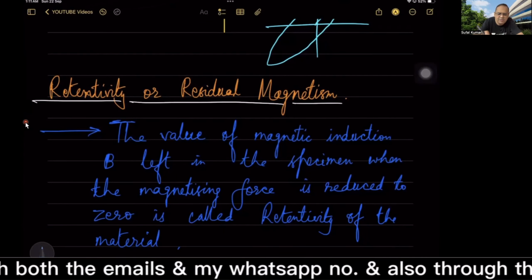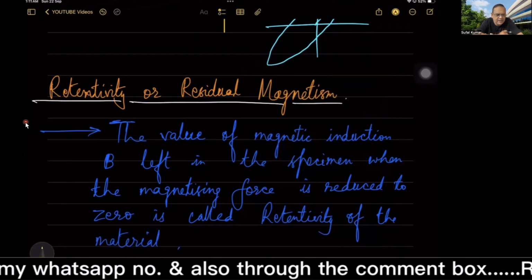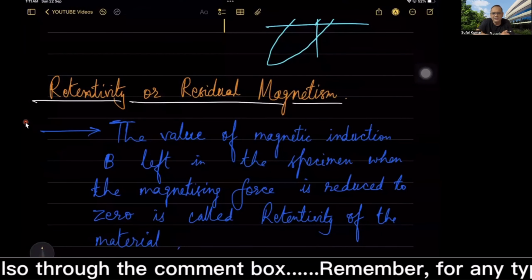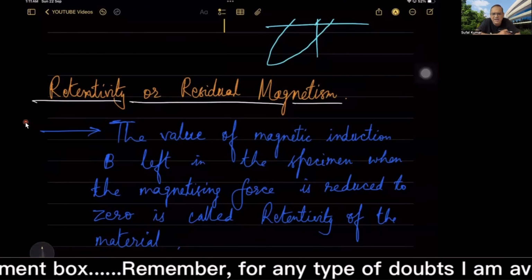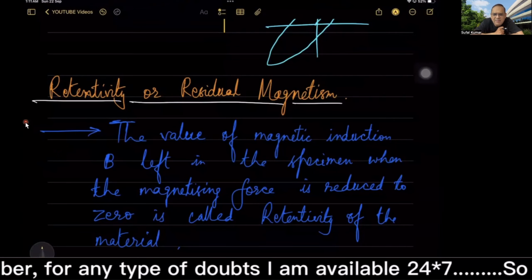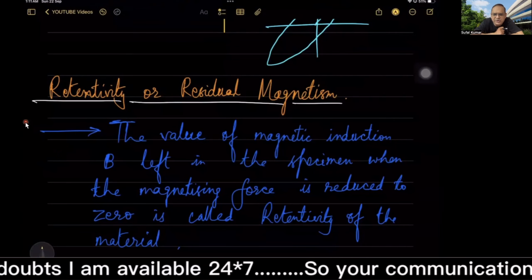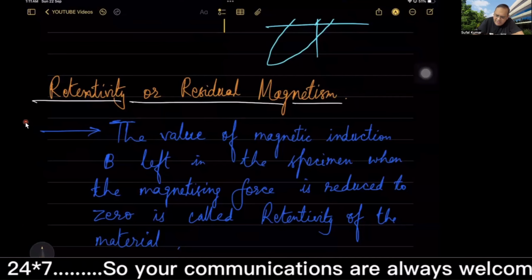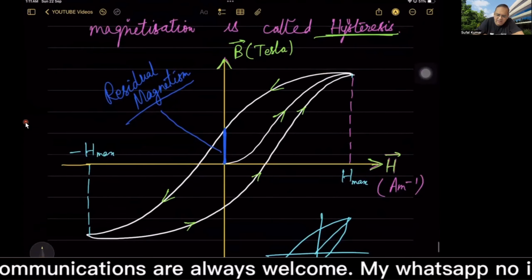Now I am going to explain in the graph. Let's see what our language says. The value of magnetic induction left in the specimen when the magnetizing force is reduced to zero is called retentivity. Let's come to the graph.